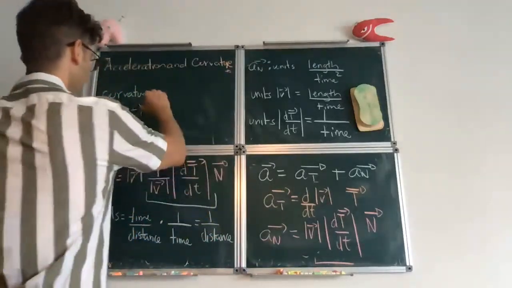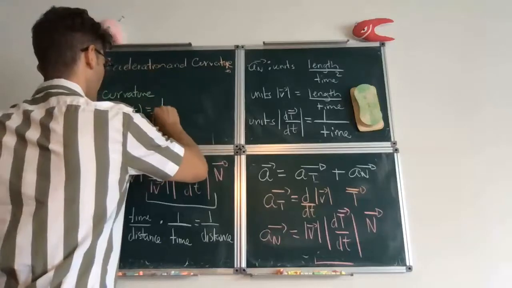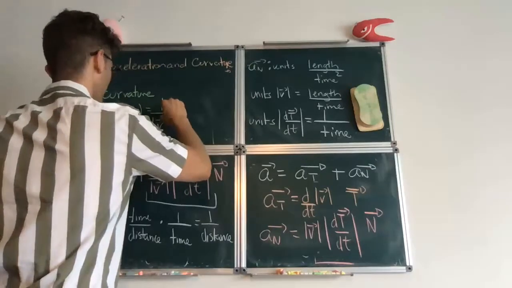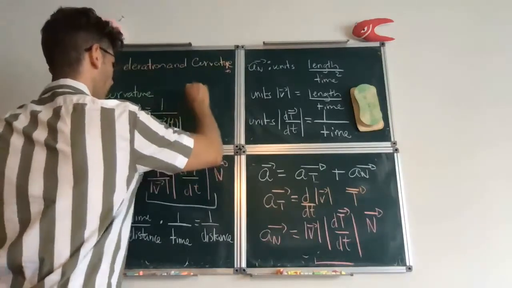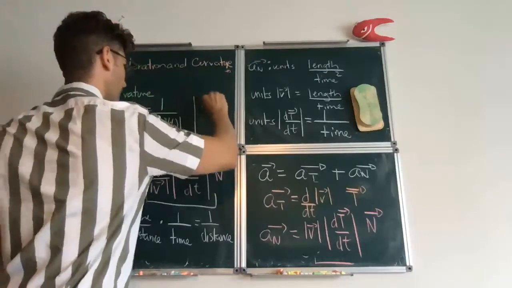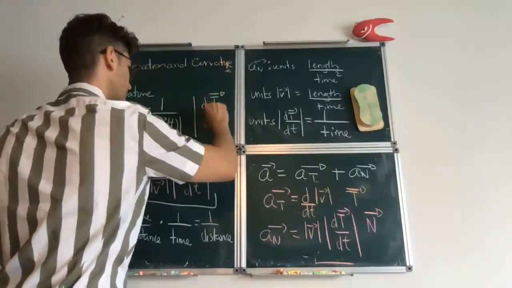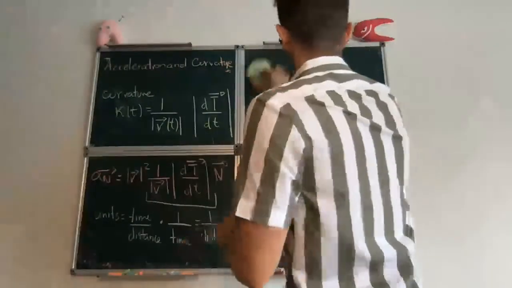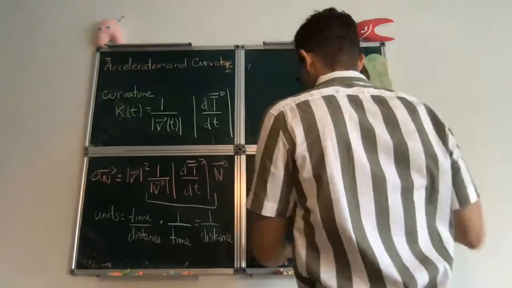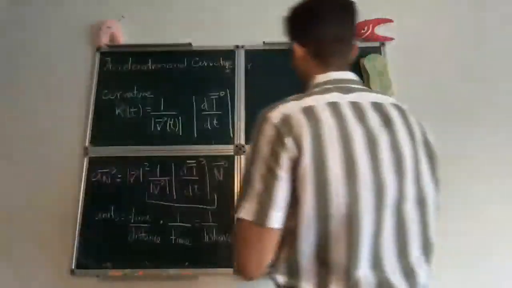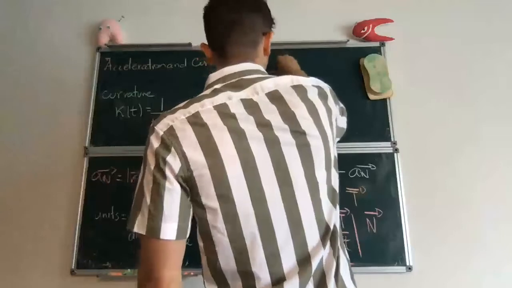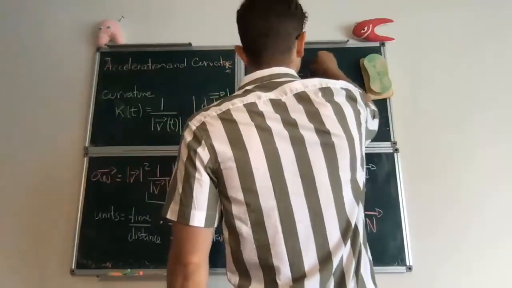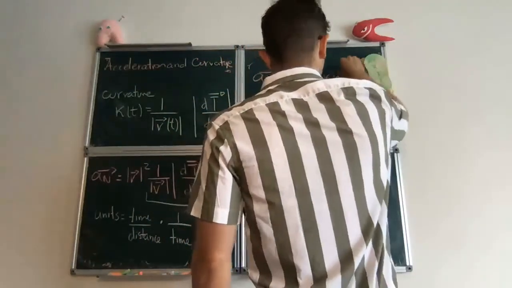So curvature is 1 over speed times the magnitude of the derivative of the unit tangent. And with this formula for curvature, the normal acceleration becomes the speed squared times the curvature times the normal vector.